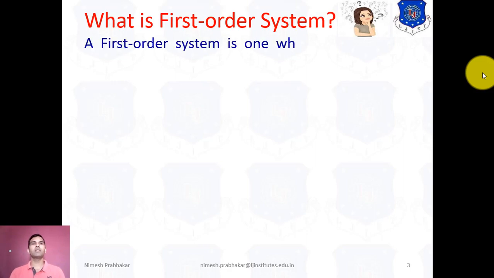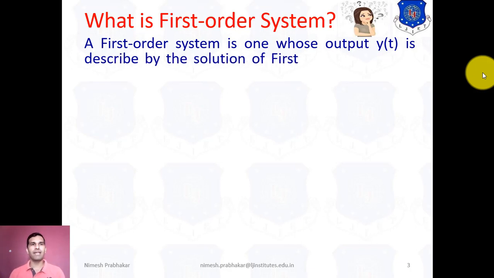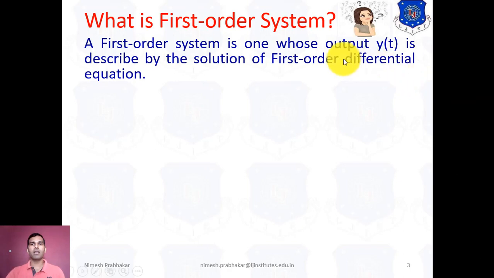A first order system is one whose output is described by the solution of a first order differential equation. That means one system whose output y of t is described by the solution of a first order differential equation.